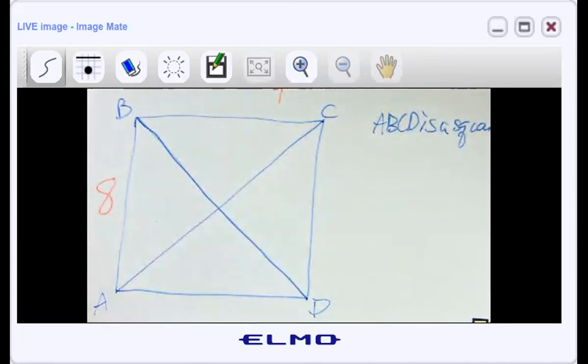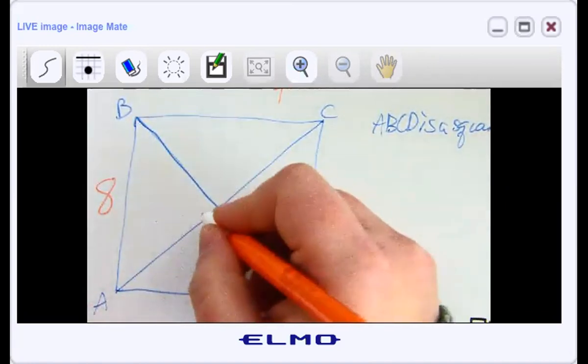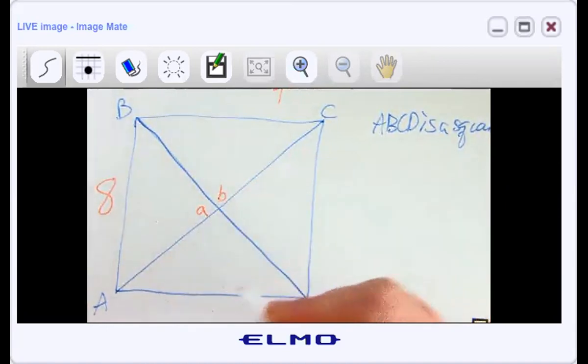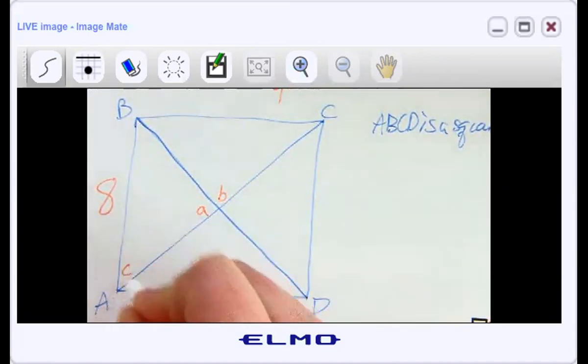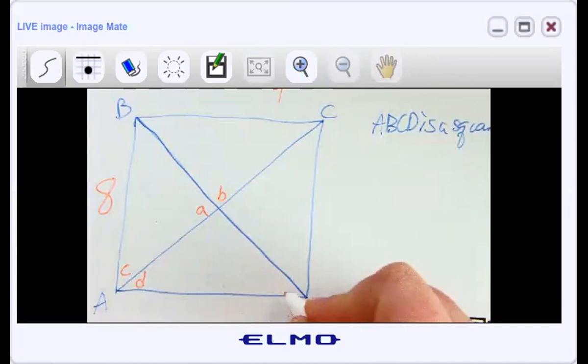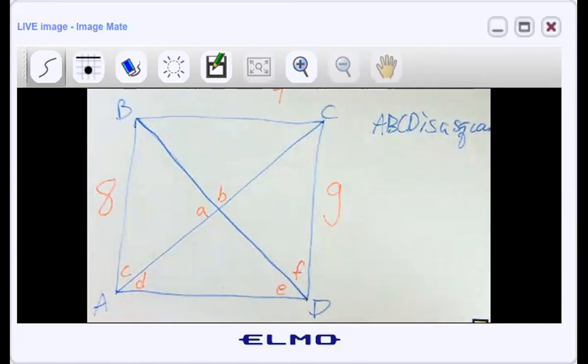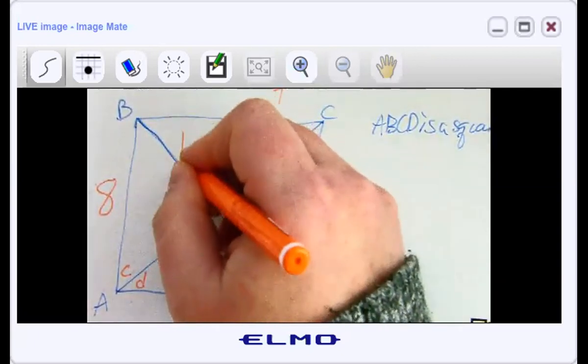I want you to find angles A and B and C and D and E and F. And here's side G. And then could you also find me H, which is, let me just say that this is point E in here.